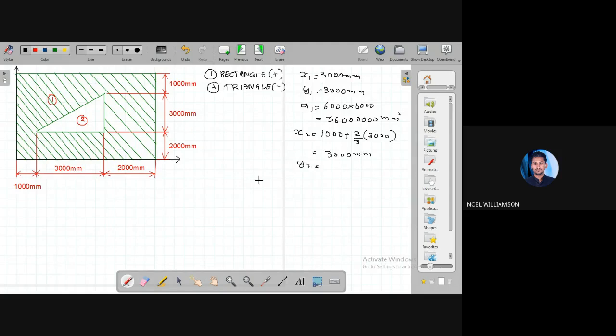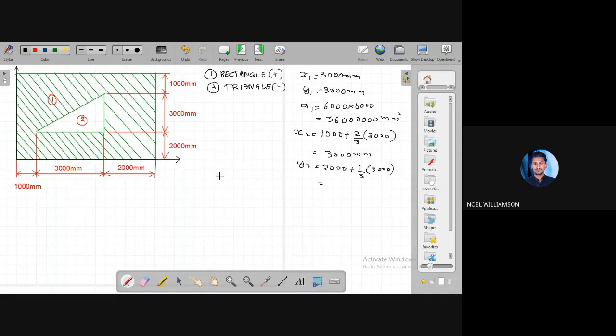and y2 it is the distance of the centroid of section 2 from the horizontal axis, that is this particular length plus this particular length, that is 2000 plus this is 1 by 3 times of the total length, that is 3000. So 1 by 3 of 3000.